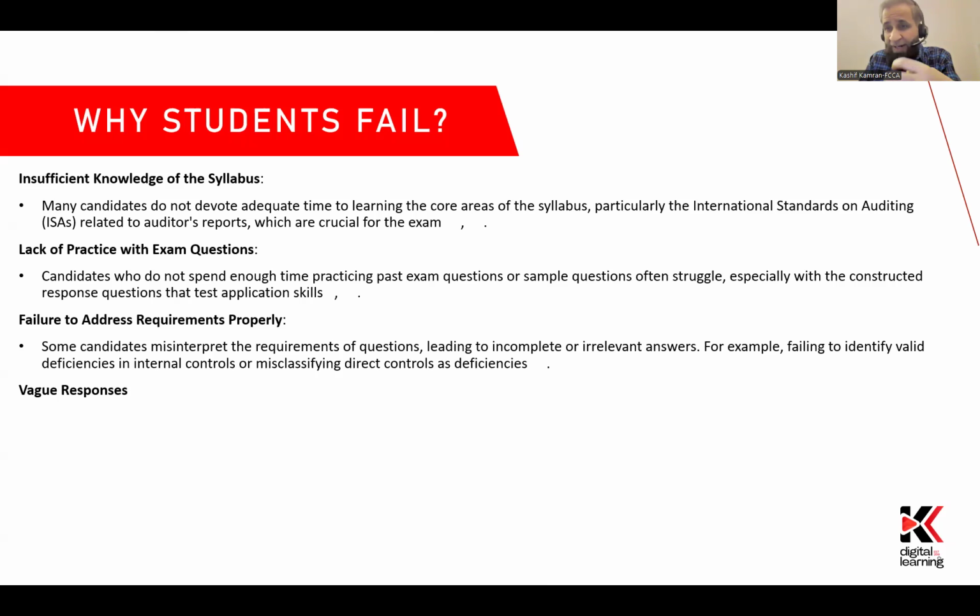If you are saying this is a weakness in the internal control, you're not telling the implication of that weakness for the organization. Or if you're saying this is a risk, you're not telling exactly what the risk is, or what can be understated or overstated with that particular risk or the audit risk. So these are some fundamentals where students tend to perform less well in the AA paper.